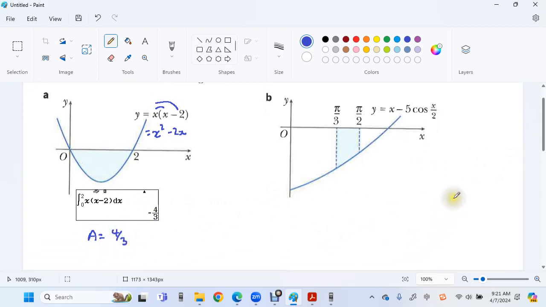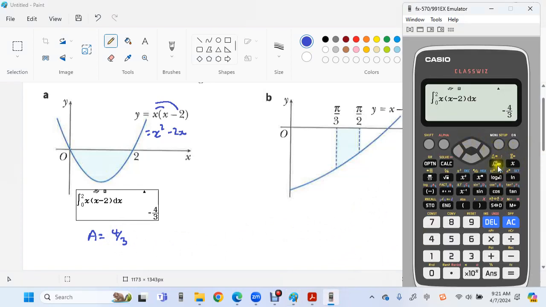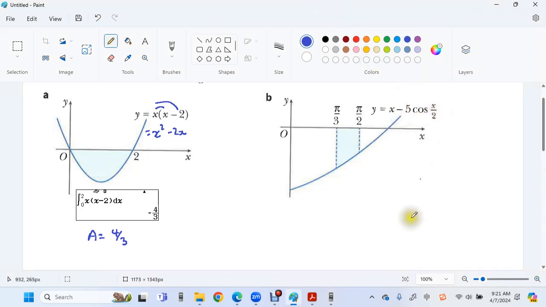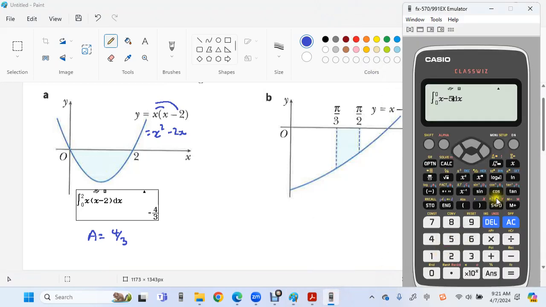Okay, so for part B also, we will have the same thing. We do the integration of x minus 5 cos x over 2, and then over 2, from pi over 3 until pi over 2.